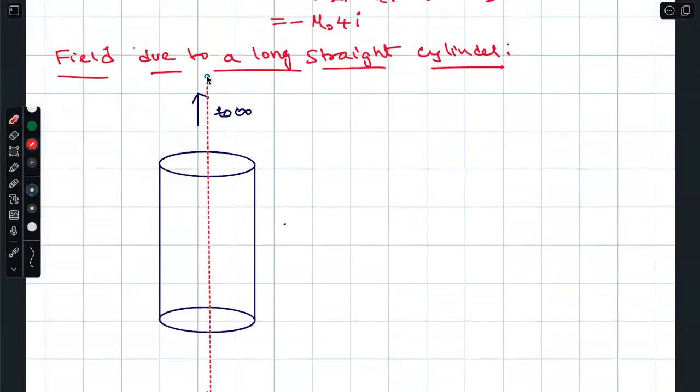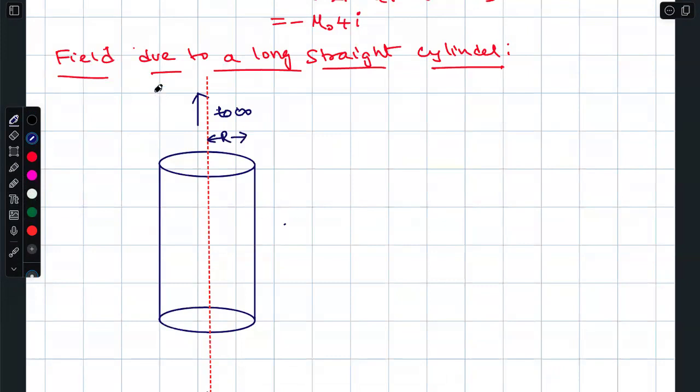So what is this dotted line? That is the axis of the cylinder. This is some capital R radius. This is one way, the top view.